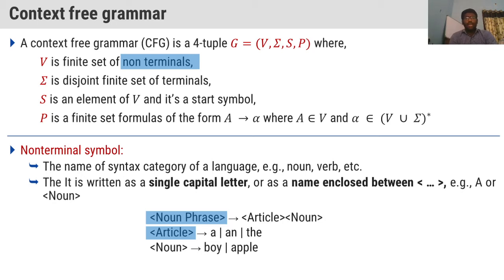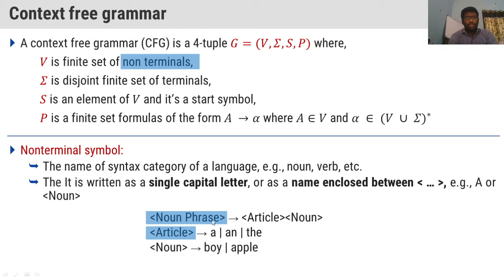See, all A, an and the, they come under the category of article. So article is deriving A, an and the. That is why article is a non-terminal. Article is a non-terminal, and all these A, an and the, they are the terminals.